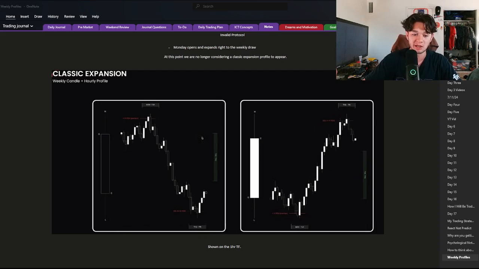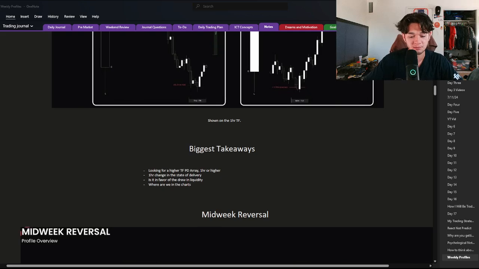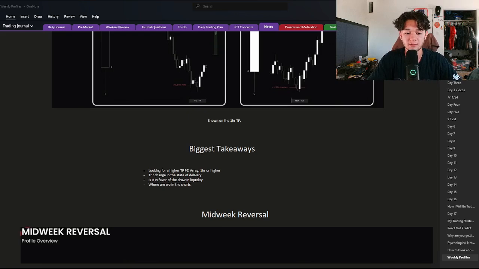So we could look to take an entry up here or on this retrace into the fair value gap for continuation down. Same for the bullish example. The biggest takeaways: we want to look for a higher time frame PD array, 1 hour or higher. We're then looking for a 1 hour change in the state of delivery. We want to make sure, obviously, it's in favor of our weekly draw and liquidity. And then we just want to know where we're at in the charts.